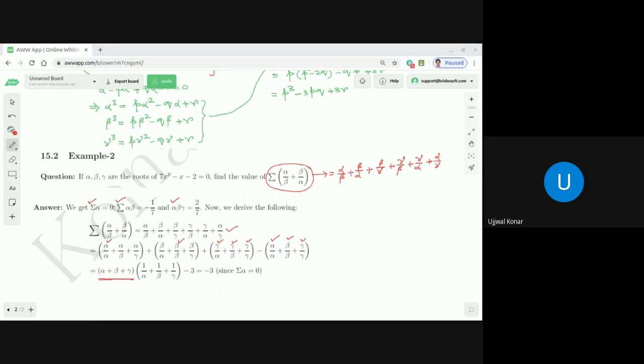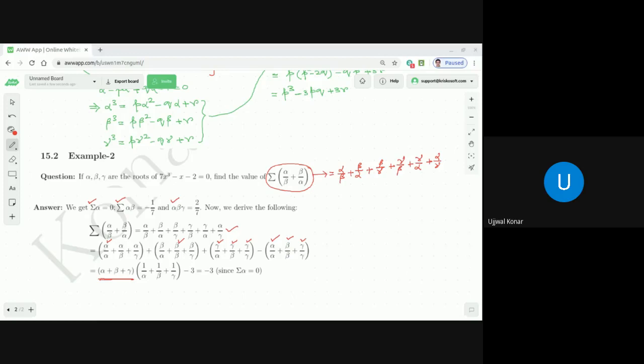The next point I would like to discuss is a very interesting thing, and it will help you understand how many positive roots or how many negative roots a polynomial equation of degree n has.